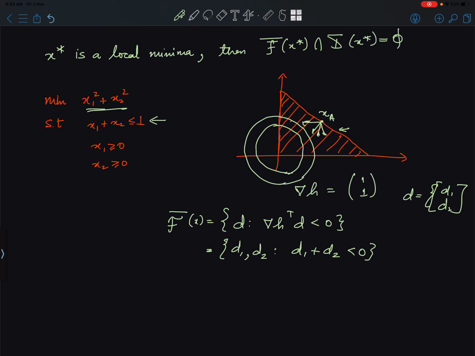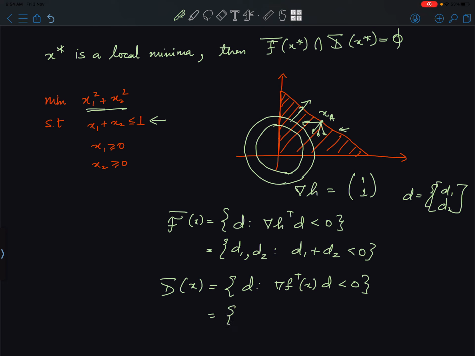So if I take this particular objective, then the set of descent directions d will look like gradient f transpose of x times d should be less than 0.